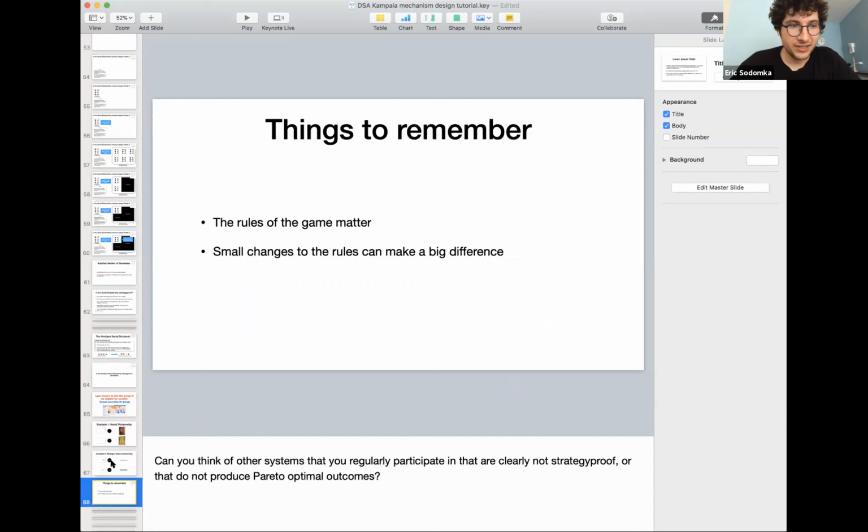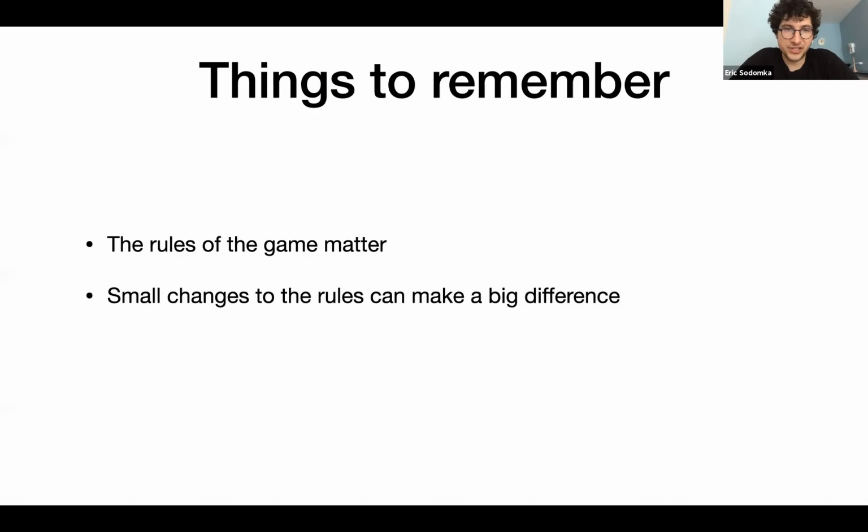So the first takeaway is just that the rules of the game matter. And small changes to the rules can make a big difference, right? For those last two mechanisms, all that we changed was the number of items on your preference list.